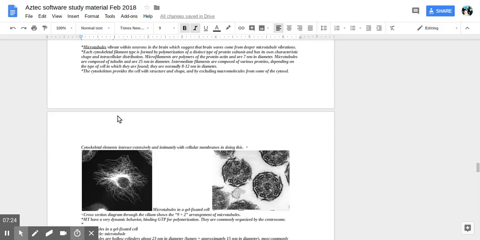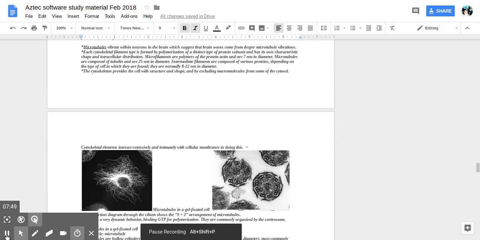Each cytoskeletal filament type is formed by polymerization of a distinct type of protein subunit and has its own characteristic shape and intracellular distribution. Microfilaments are polymers of the protein actin and are 7 nanometers in diameter.